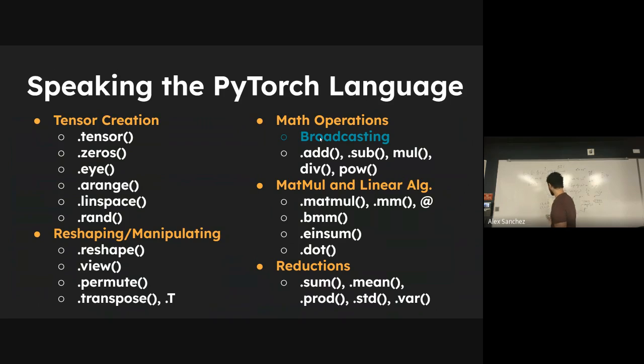We can do the addition there. The two rules for broadcasting: either you have a 1, thus you can change the value to whatever fits the other, in this case 7, or they must be the same dimensionality. And again, we're going to have more concrete examples of this in our exercises.